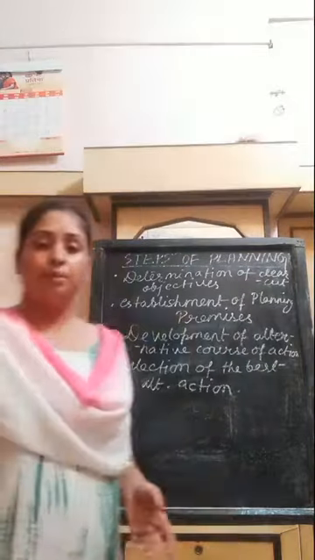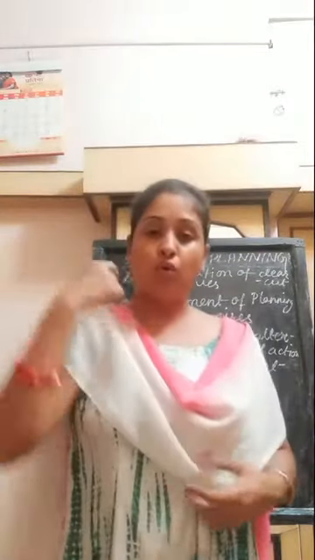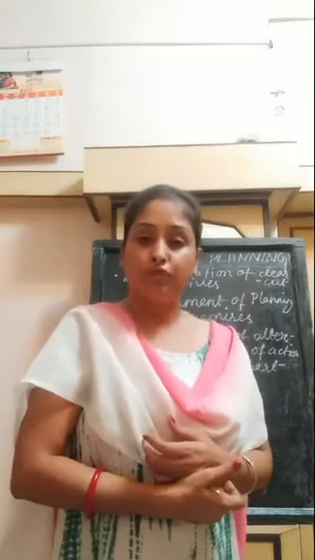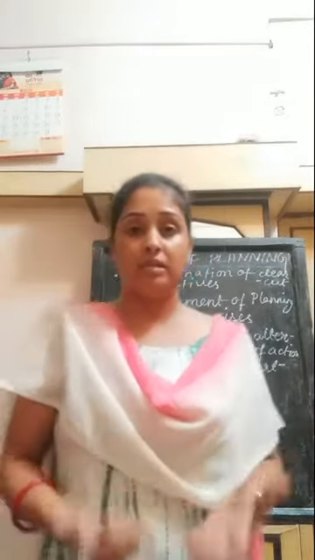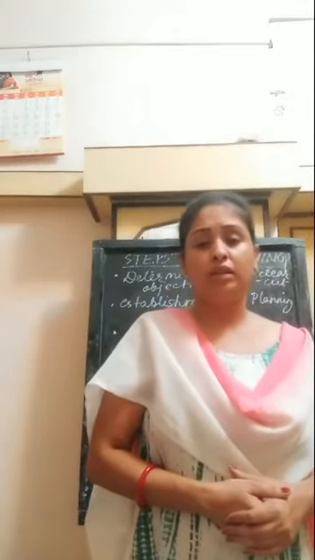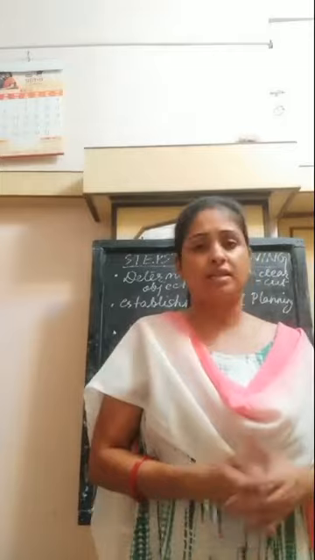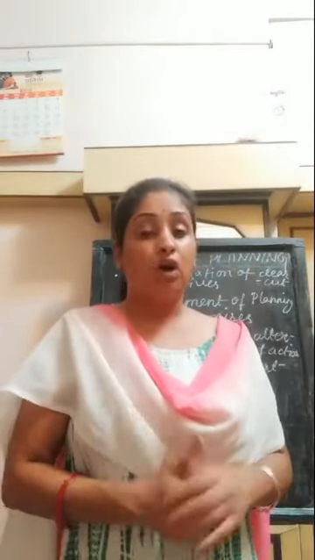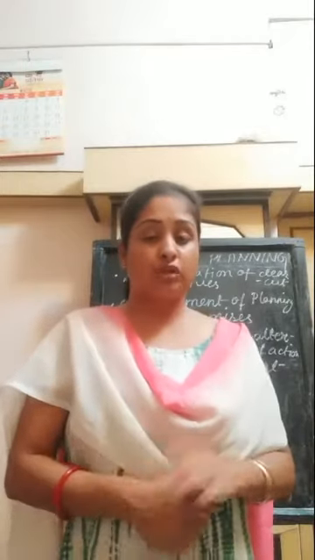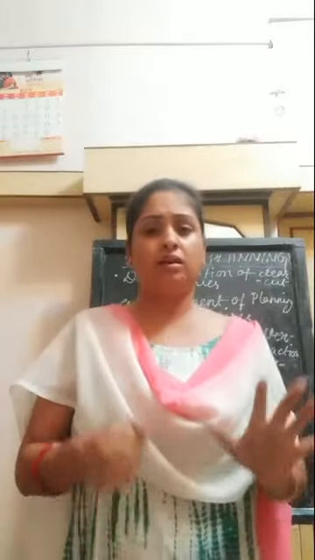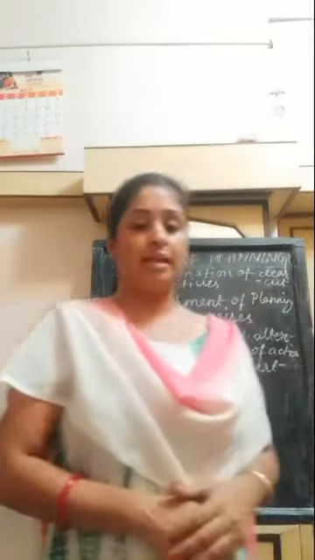Now, the best feasible course of action must be selected after careful consideration of the merits and demerits of various alternatives. Many alternatives have certain limitations and shortcomings. Those should not be selected. The alternative which has the least shortcomings should be selected, considering the circumstances prevailing. So this is the next step.